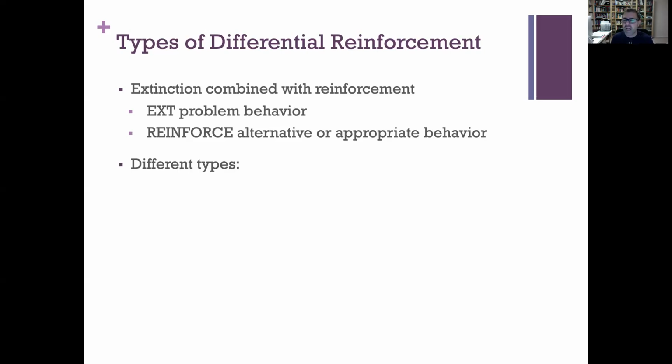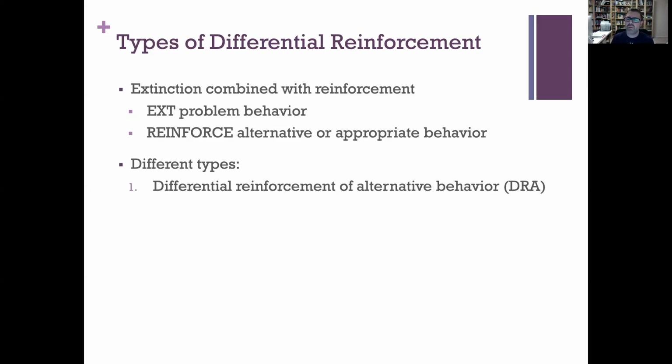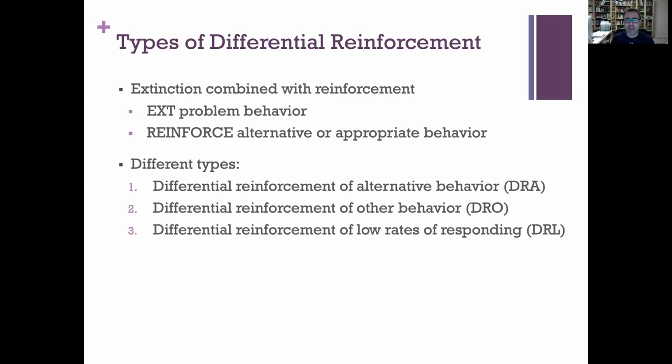There are different types of differential reinforcement that we use as treatment. Today, I will talk about differential reinforcement of alternative behavior, also referred to as DRA. We also have differential reinforcement of other behavior, DRO, and differential reinforcement for low rates of responding, DRL.